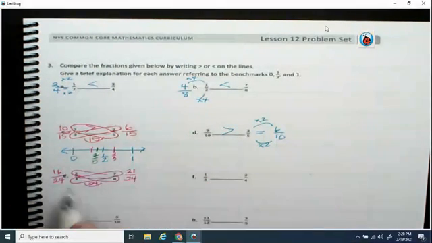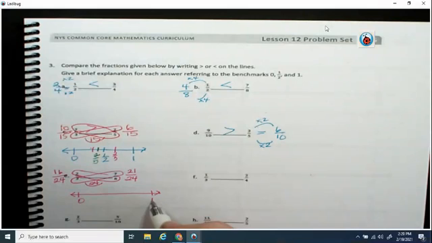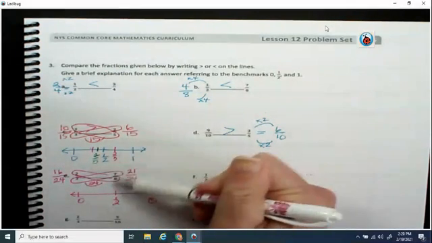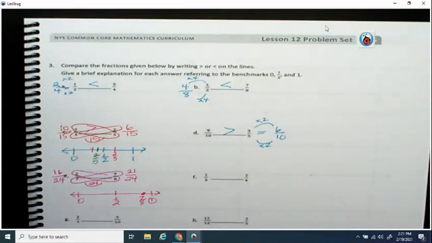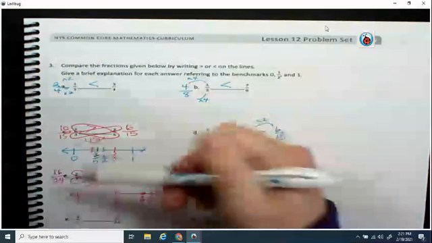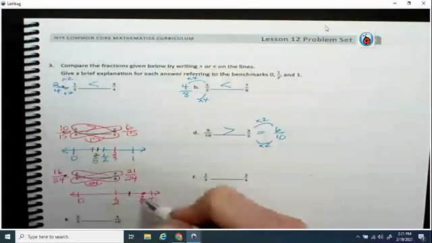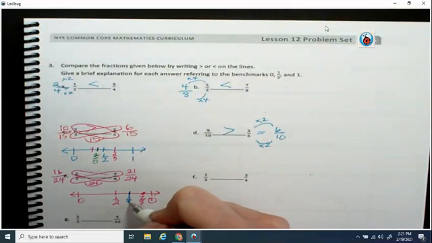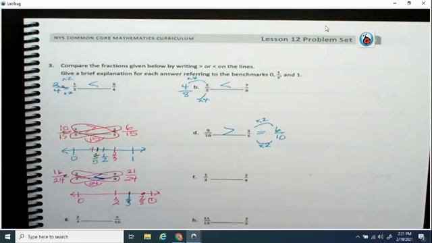And if I think about these two fractions on the number line, okay, and I think about 7/8. 7/8 is going to be down here closer to 1, because 8/8 is going to be 1 whole. And then I think about 2/3. 2/3 is going to be bigger than 1/2, but it's not going to be quite down there as far as 7/8. So 7/8 is definitely the bigger fraction.